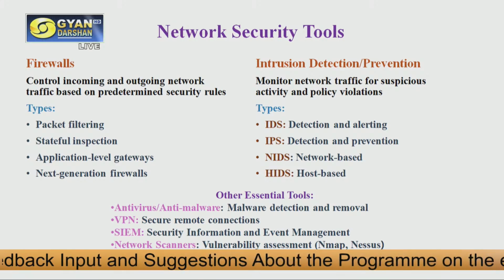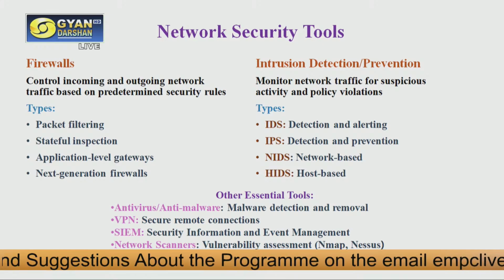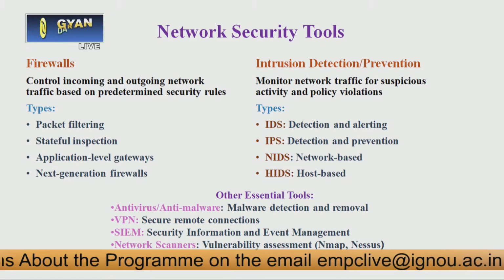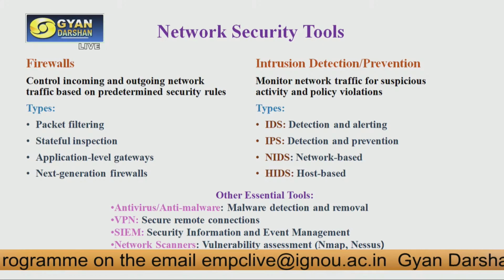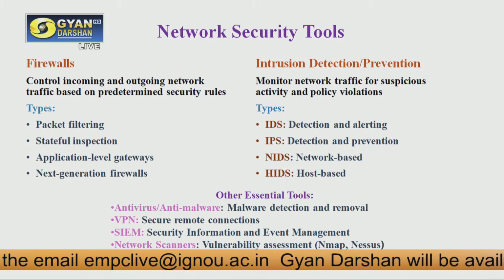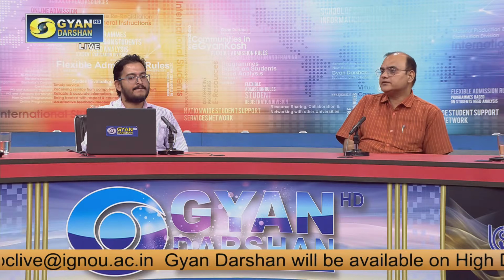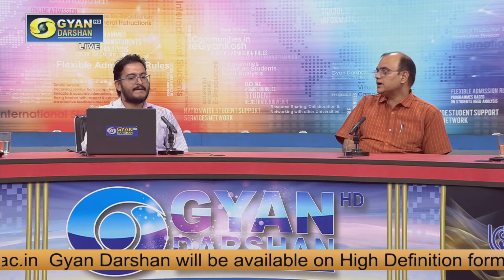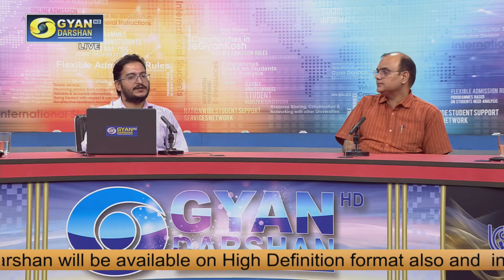A firewall controls incoming and outgoing network traffic based on predetermined security rules. Can it be a router or bridge? Does a gateway come into that category? A firewall can act as a gateway also.